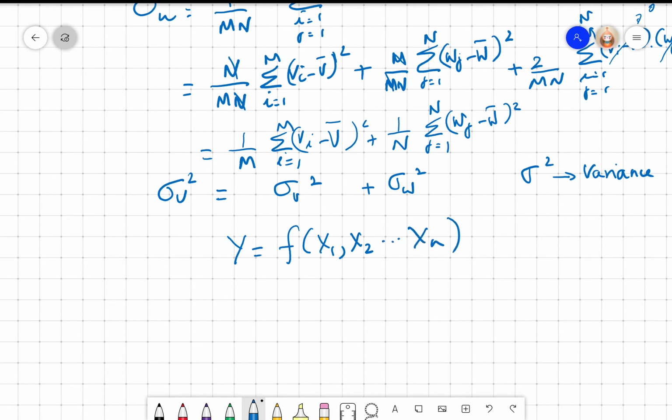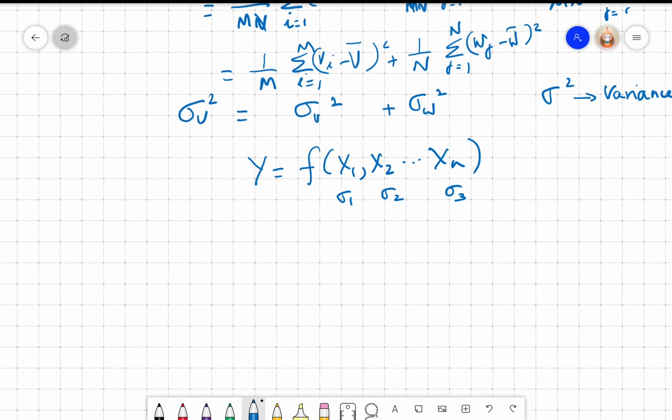right? So x1 has sigma 1, x2 has sigma 2, xn has sigma n. So if I want sigma y, what I have to do is first I have to put delta y.